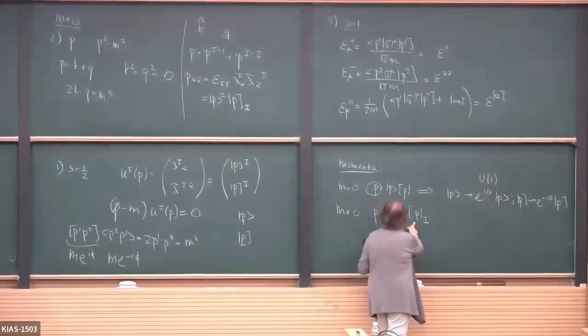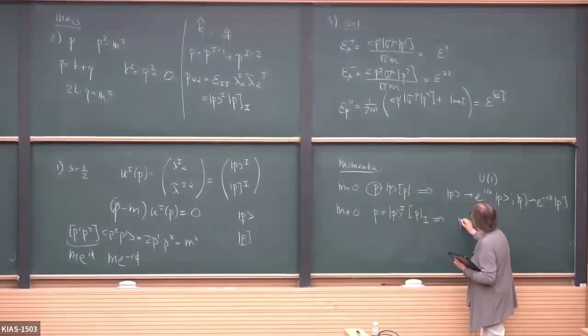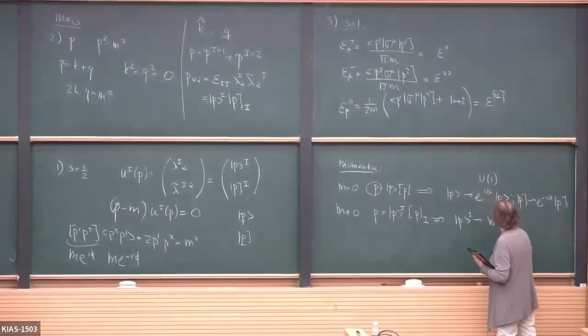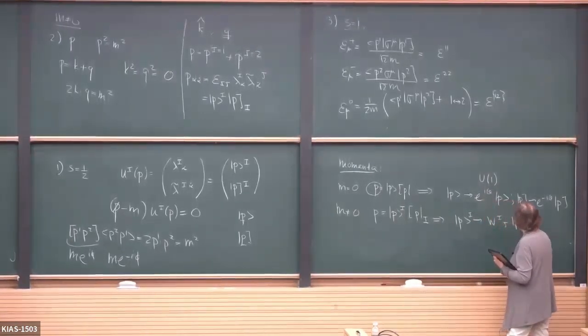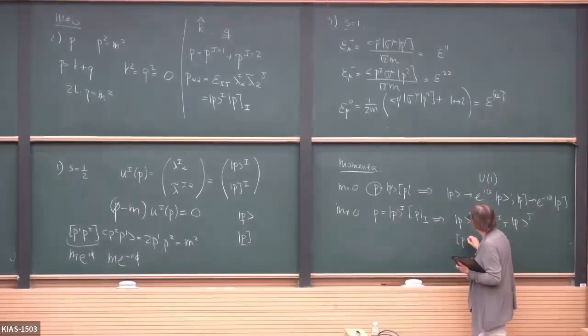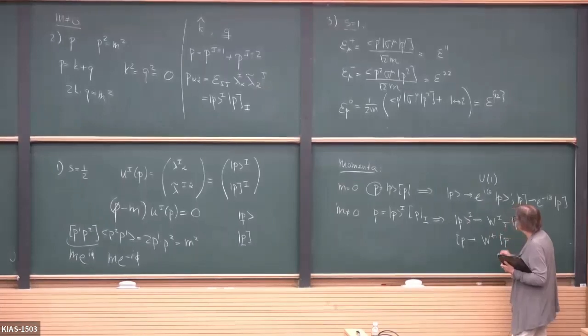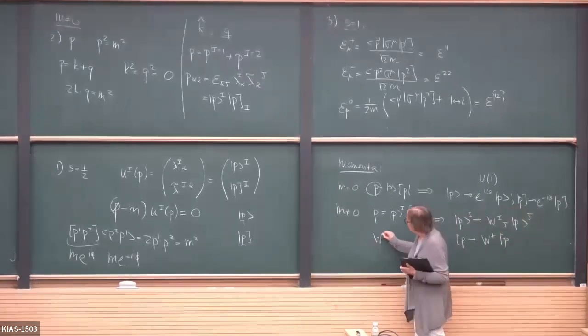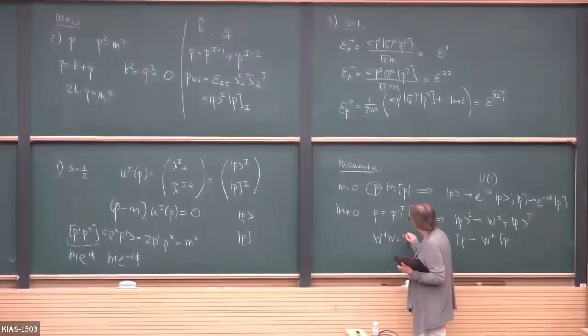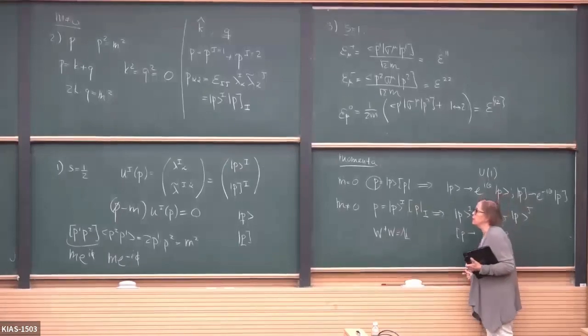Here we have an SU2 freedom, right? Because I can take PI to some matrix Wij P and do the opposite thing for P. So I want to take P to W dagger P, as long as W dagger W equals 1. So this is acting in two-dimensional space.